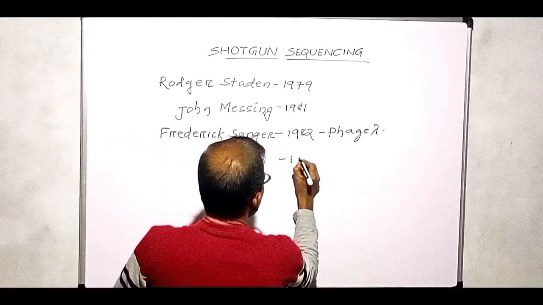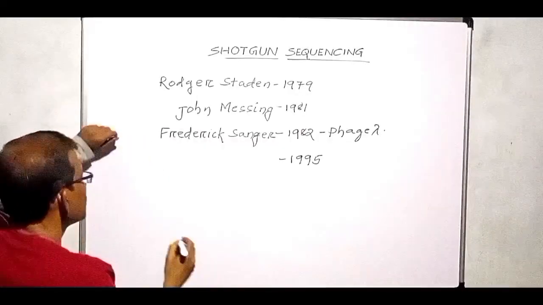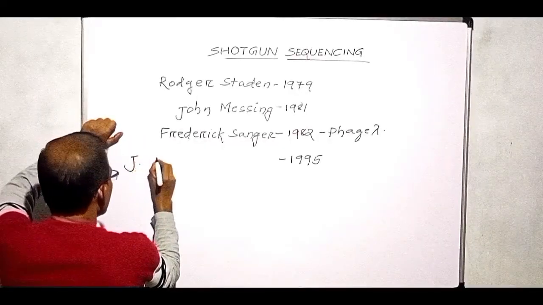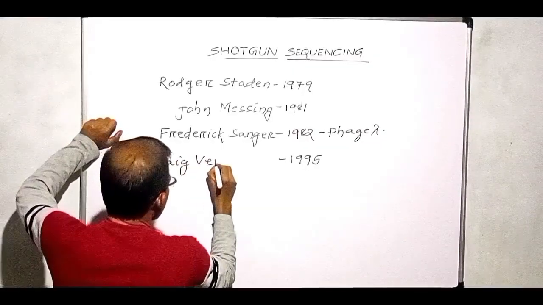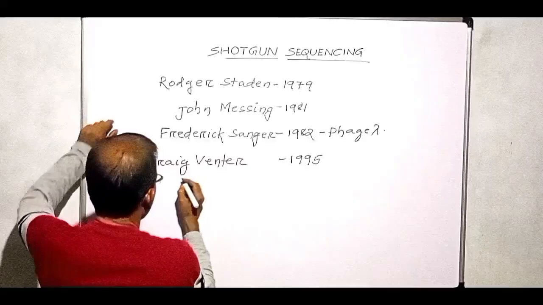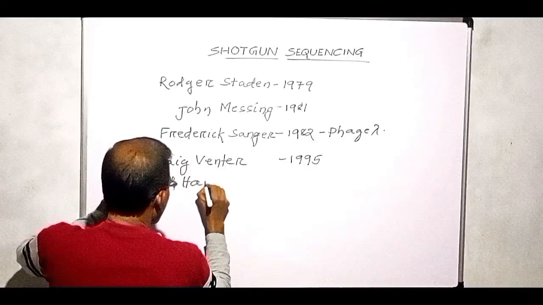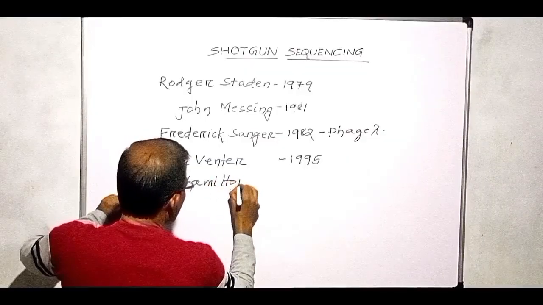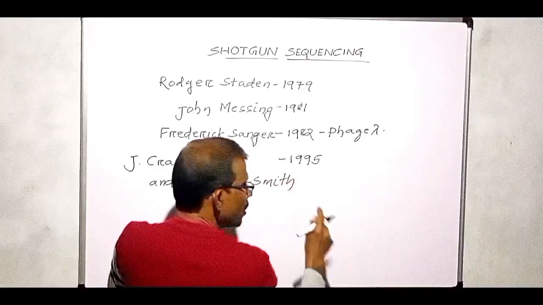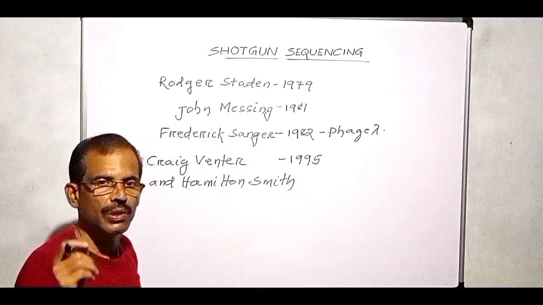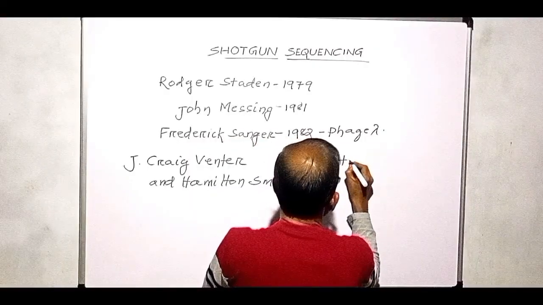In 1995, J. Craig Venter and Hamilton Smith used whole genome shotgun sequencing to sequence the genome of Haemophilus influenzae.